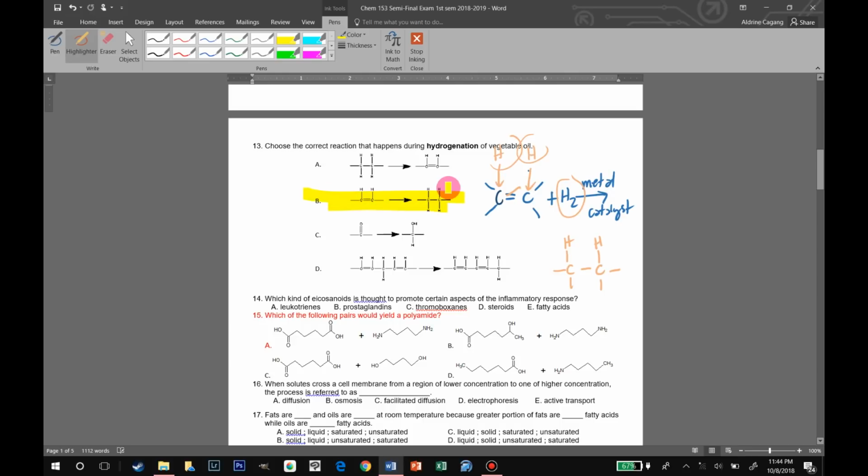Then letter C, this one is involving a ketone, C double bond O, becoming an alcohol. So that is wrong. And then letter D, you have this one, which is simply the isomerization of this double bond. Your alkene is actually being transferred to this part of your molecule. So letter D is not the correct answer. So your correct answer here is letter B.